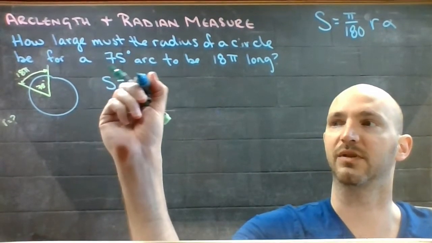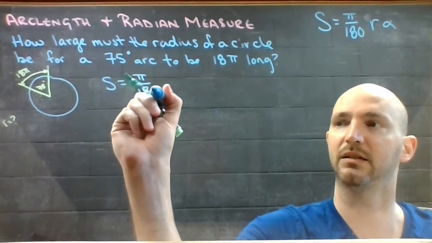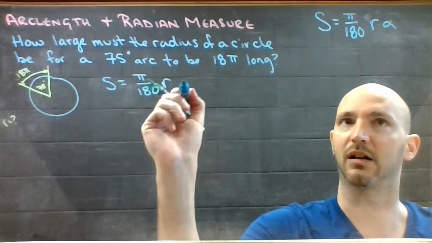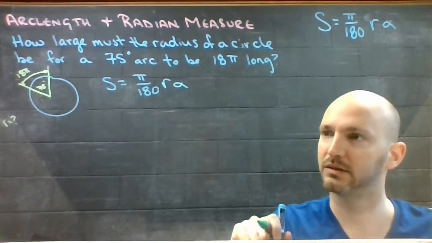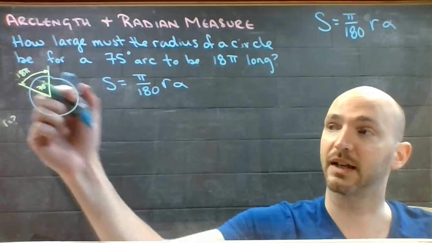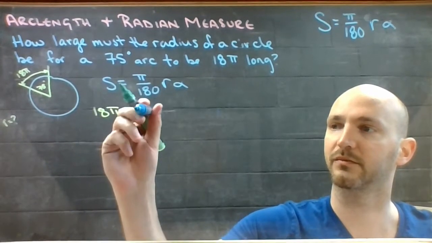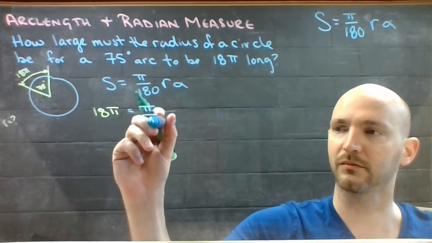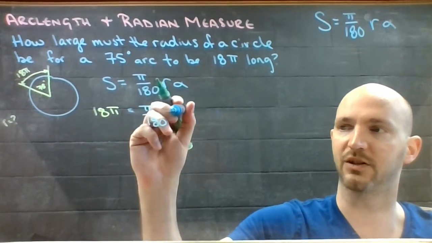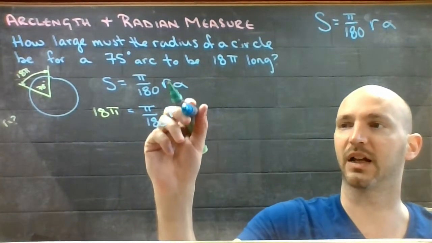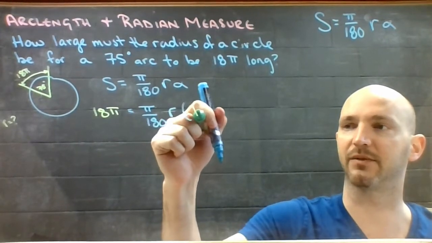S equals pi over 180 r alpha. The arc length I was handed was 18 pi units. I don't know the radius of the circle, but I do know that it's a 75-degree arc.